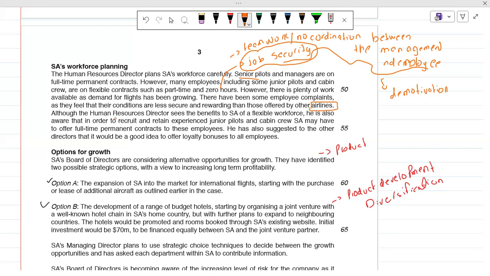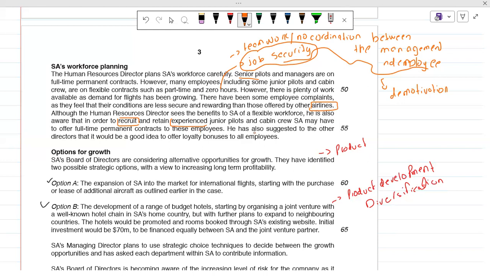Of course it will incur a new cost for SA, because if you want to recruit any employees you have to advertise. There are basically two types of recruitment: internal and external. They don't want to lose experienced pilots, and for cabin crew SA may have to offer full-time permanent contracts to these employees.